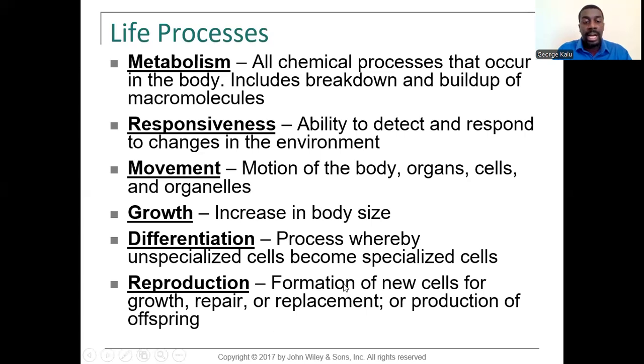Okay. And the last thing is going to be reproduction. Okay, so it's got to be able to reproduce in two ways. The first way is that it has to be able to grow, repair, or replace itself, or replace different cells, I should say.